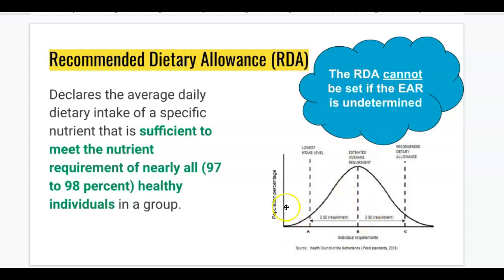We have to know the low and the high to establish the estimated average requirement, and we have to have the estimated average requirement to set the RDA. So the takeaway here: RDA tells us what is sufficient to meet the needs of almost everyone in that healthy group.